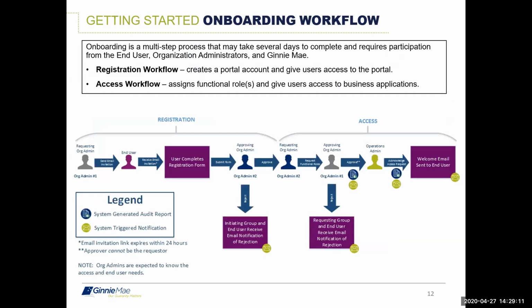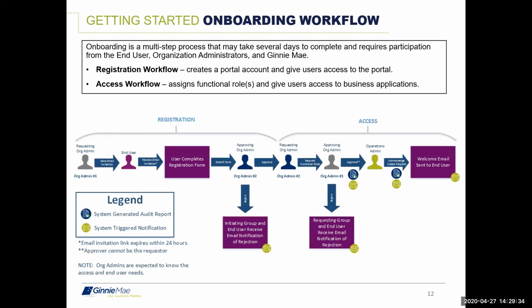So here's the onboarding workflow. A few things that I want to explain to you. In order to create an account for an end user in the portal, and in order to assign functional roles, there are two workflows involved: the registration workflow to create the account and the access workflow to assign the functional role.